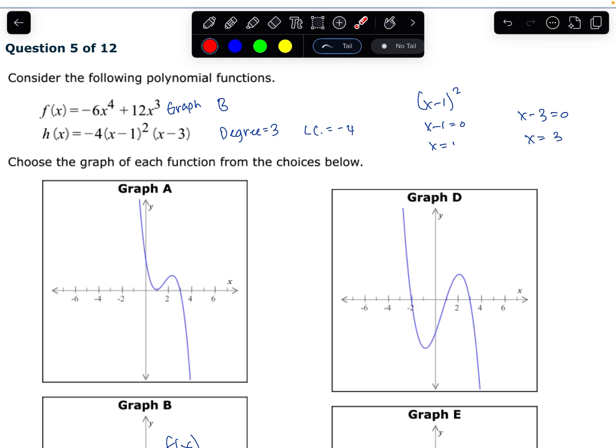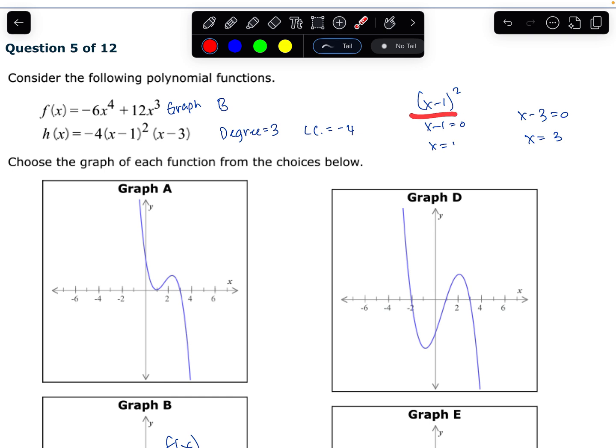Another thing to know is that because x equals 1 comes from a factor that is being squared, this factor happens an even amount of times, so at x equals 1 the x-intercept doesn't cross, it should only touch. So you can see that right here. At x equals 1, it only touches, and that is confirmed by the number of times this factor appears.